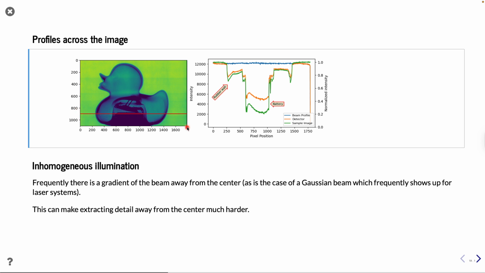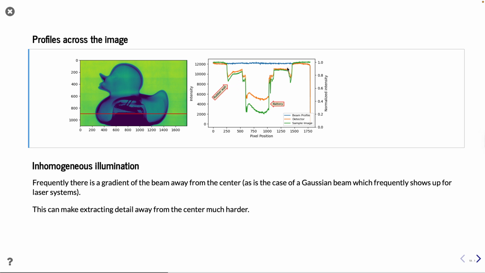What you can see is the beam profile is pretty flat around here. That's the blue line. Then you have some overshoot here after the normalization. And the orange one is what the detector gets.